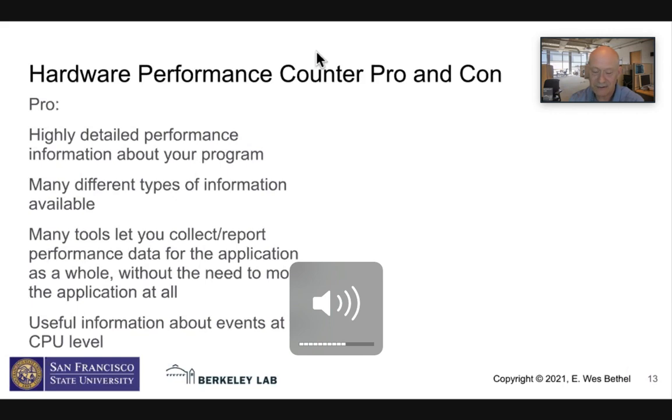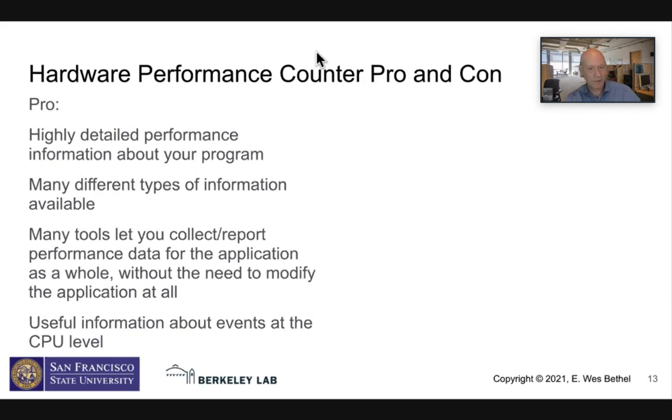There are hundreds of potential events that you can monitor. There's a bunch of different types of tools that you can use to collect this information. The information you're getting with hardware performance counters is very low level. It's what's happening at the CPU level.